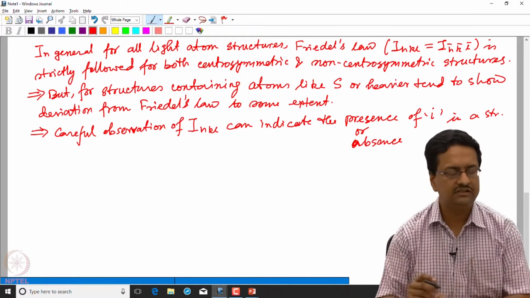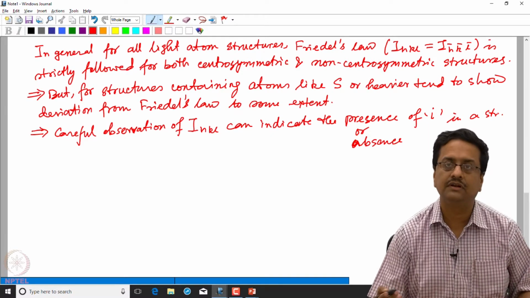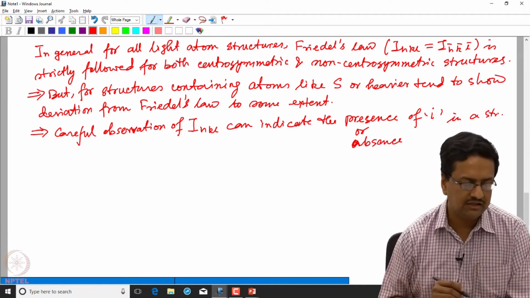To determine the presence of this inversion center in a structure, there are a few different methods known in the literature.